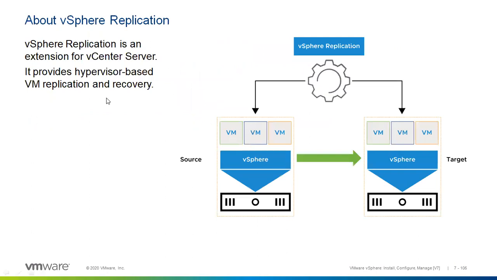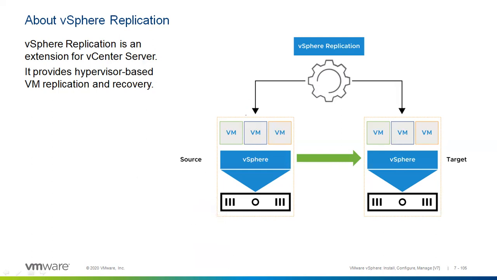So when we say VMware vSphere replication, it means that we are replicating the virtual machines to a different location, in a different VMware data center. And it provides hypervisor-based VM replication and recovery. When we say hypervisor-based, it's from one ESXi host to another ESXi host, and all my data travels over the network.